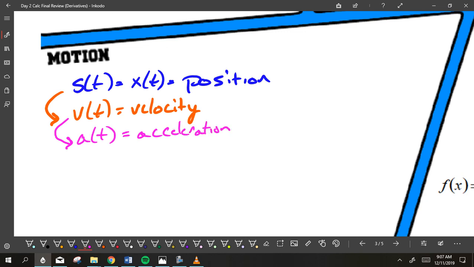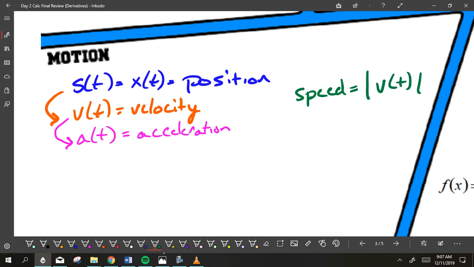The one thing in motion that I think we probably spent the least amount of time doing, and you might need an actual refresher on, is speed. What is our definition of speed? The absolute value of velocity.